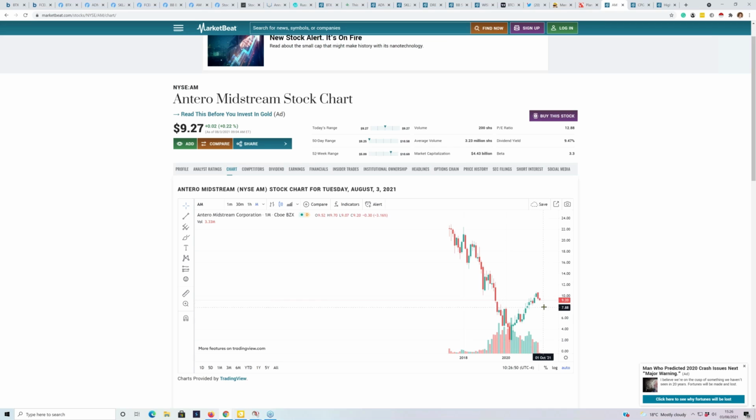So maybe it's going to carry on down, and perhaps this is now the primary trend for this stock because we've had this V-shaped recovery. So possibly we are looking at a little bit of a pullback before it carries on higher.